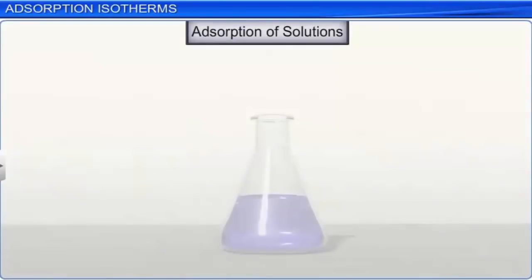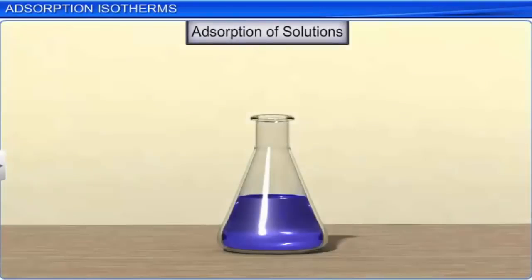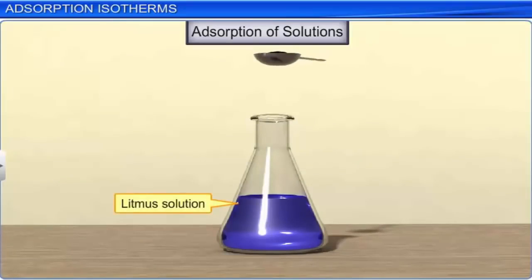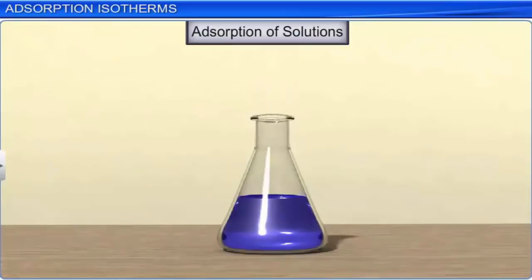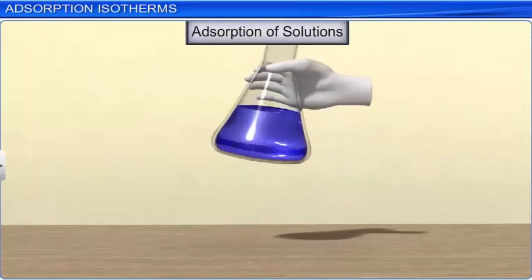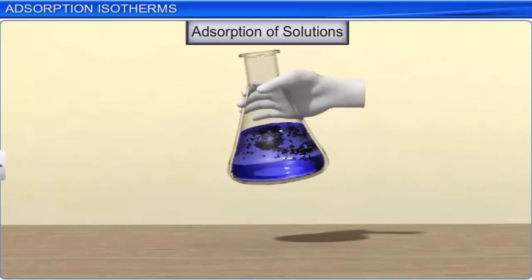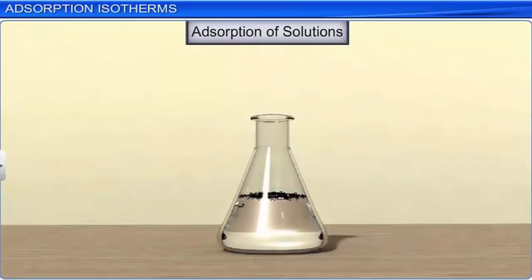Let's verify this with an experiment. Take a litmus solution and add charcoal to it, and then shake it thoroughly. You will observe that after some time the litmus solution turns colorless.